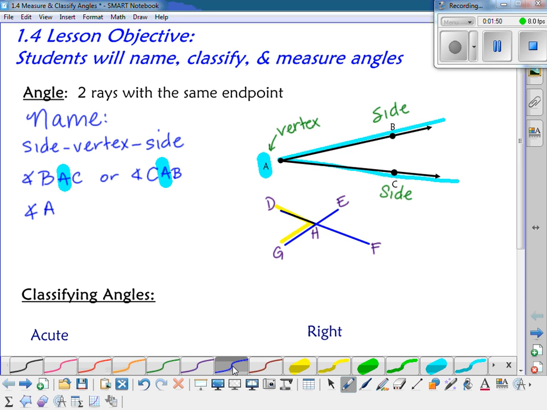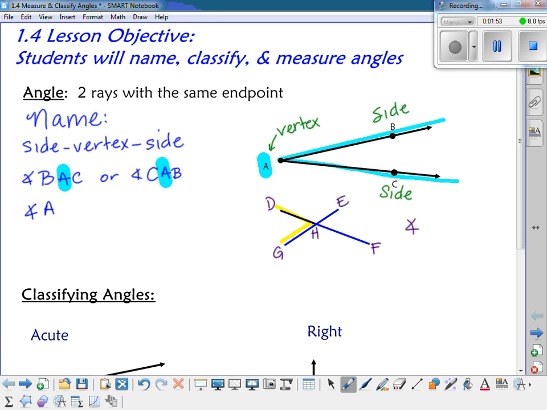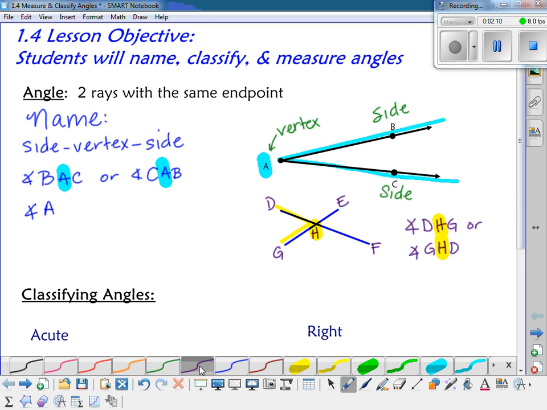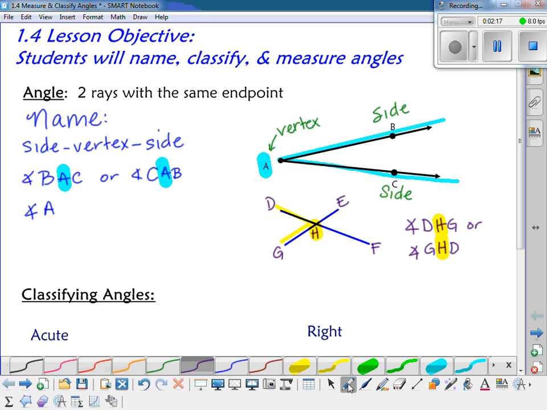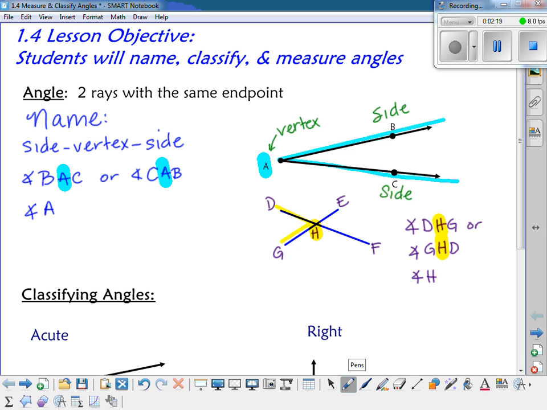I would have to call that either angle DHG or angle GHD. Again, in either case, the vertex is the point that is in the center of the name. So I cannot call it angle H. That would not be okay. So we're going to draw a slash through that.